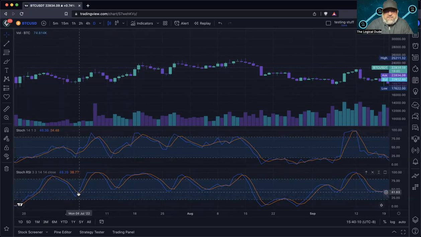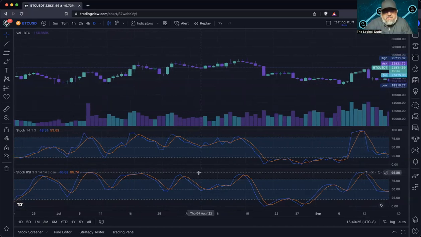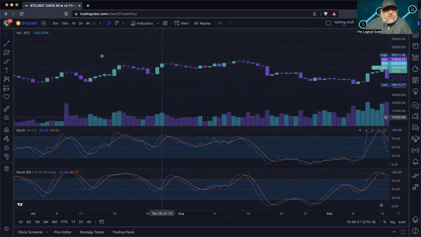But if you want a little bit more confirmation and an easier time reading, the stochastic RSI works really well too, but you may be one candle behind as far as the movements are concerned. It's just a smoother trend.